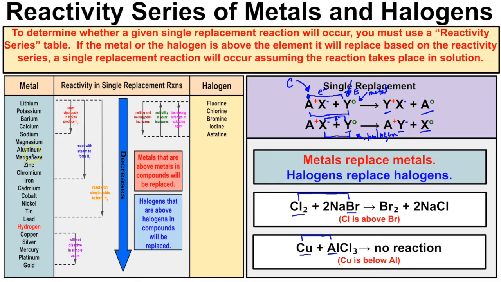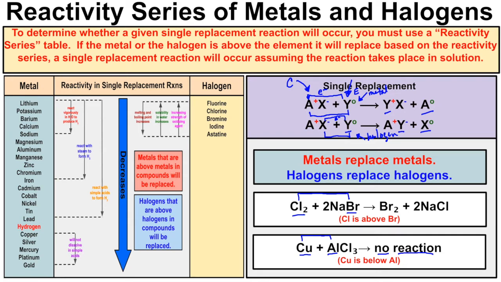Here is copper, right here, and the metal that is in the compound is aluminum, which is way up here. Because copper is below aluminum, no reaction is going to take place. So no reaction ends up taking place here since copper is below aluminum on our reactivity series. That's how we can use this reactivity series to start predicting the products of single replacement reactions.